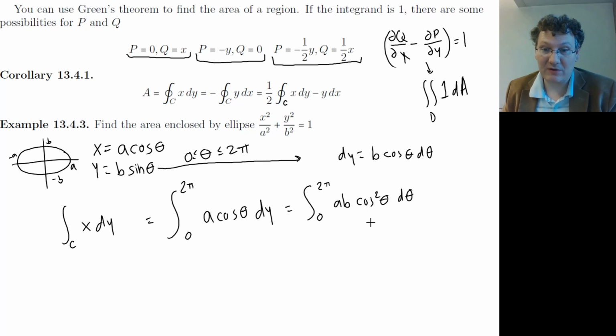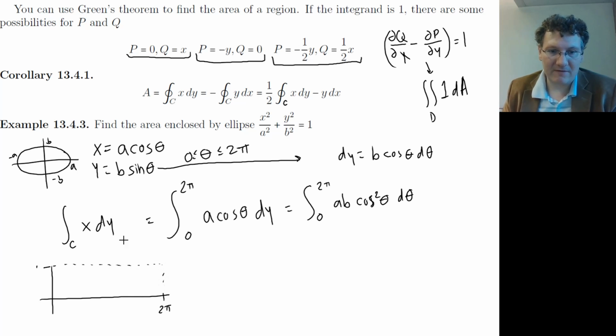Do you remember what the integral of cosine squared is? Rather than going through the whole thing, the cosine from 0 to 2 pi just creates the full period of the cosine function.